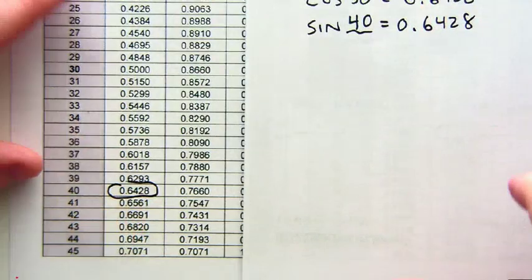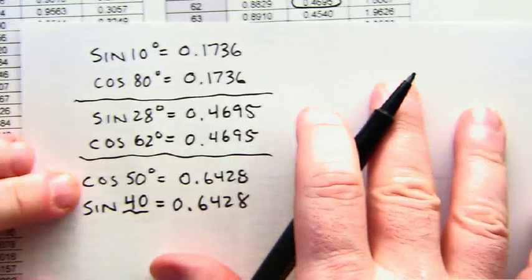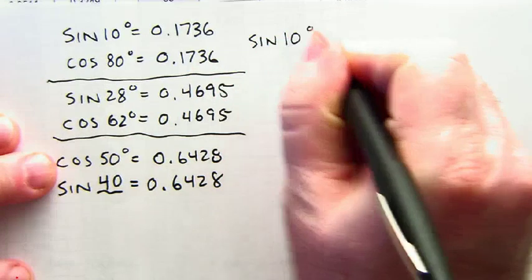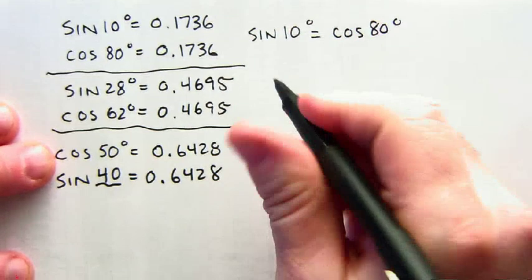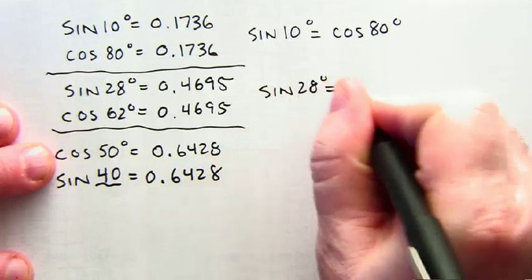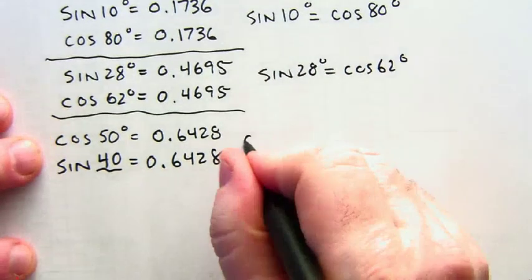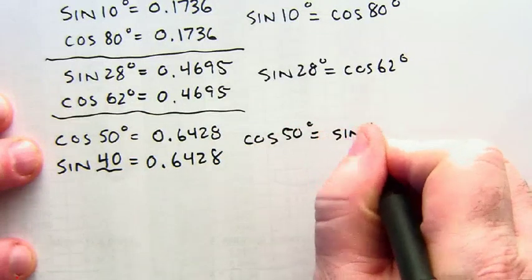So let's take a look at what we're finding here. We're finding that the sine ratio and cosine ratios are equal sometimes. In other words, the sine of 10 degrees is always going to be the same as cosine of 80. Or the sine of 28 will be equal to the cosine of 62. Or the cosine of 50 will be equal to the sine of 40.